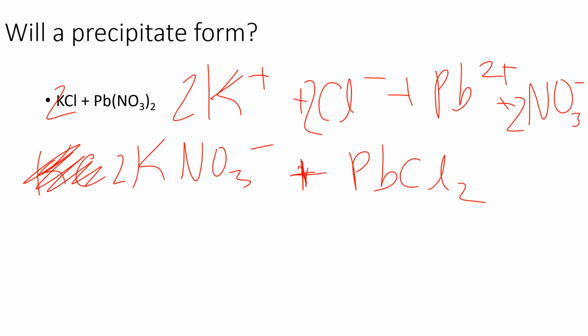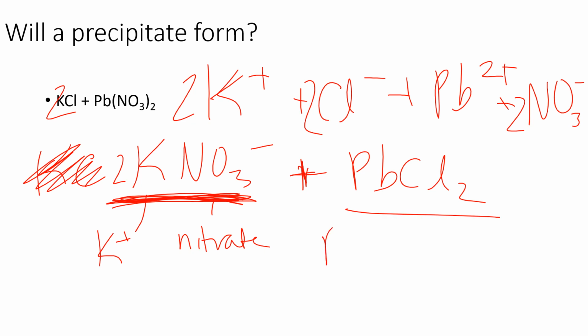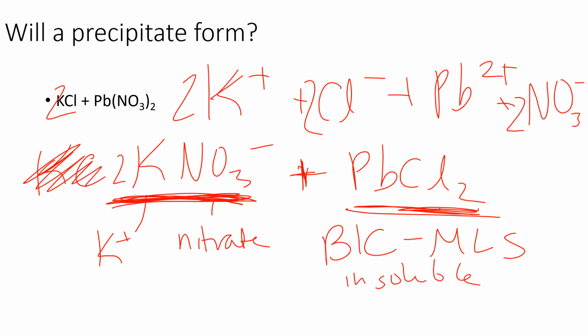And so now we can apply the solubility rules. According to NAACP number 1, this is going to be very soluble because you have a group 1 potassium, K+, and you have a nitrate. However, over here, we have to apply our second solubility rule, BIC minus MLS. We have a chloride, sure, but it's bonded to lead. And so this is going to be insoluble.